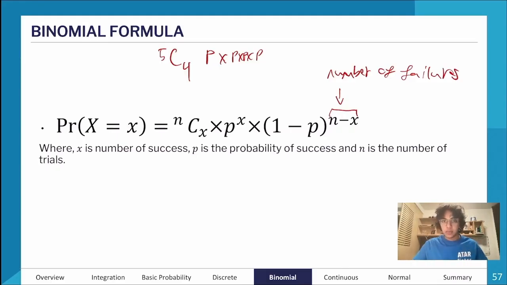Hence they multiply. That makes sense because it's "and", right? And I also multiply by the chance of 1 failure, so it's 1 minus p once. Okay? Hopefully that makes sense. Which is why it simplifies to be like 5C4 p to the power 4 times 1 minus p to the power 5 minus 4, right?